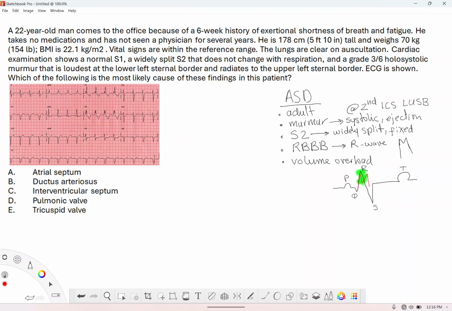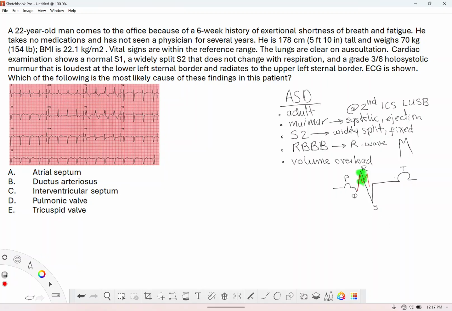The right bundle then goes into two branches. If one of the branches is blocked, then you will see a double R wave. Because of that block, the ventricle is not contracting at exactly the same time. Different parts will contract at different times. Okay, so look for that, and I see that.